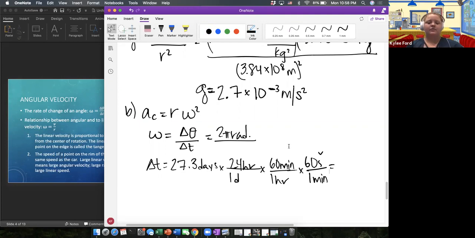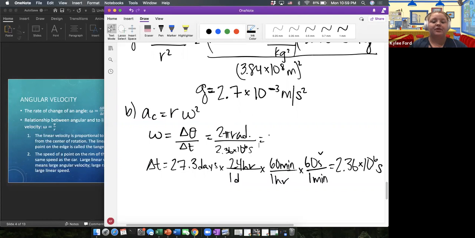So take 27.3 times 24 times 60 times 60, and that gives us 2.36 times 10 to the 6th seconds.